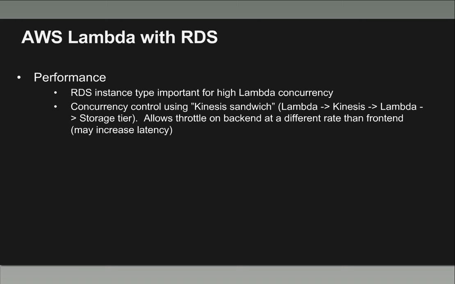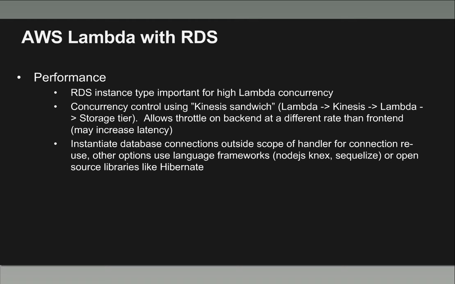This gives you a different throttle, where you can tweak and tune the throttle on your backend database if the backend database is lower in capacity compared to the incoming concurrent requests that Lambda is sending. So make sure that you also incorporate some of these best practices there.